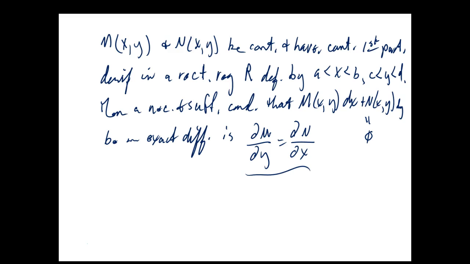And if it does, there is a function F so that when you take the partial of F with respect to x, you get M of xy. You calculate that by integrating. Now, how do you do that?